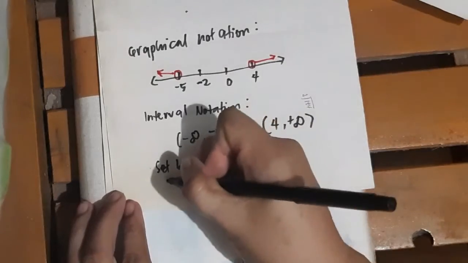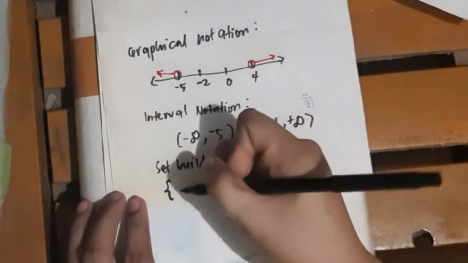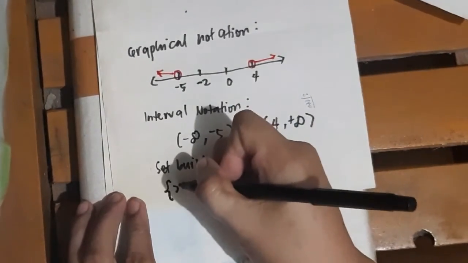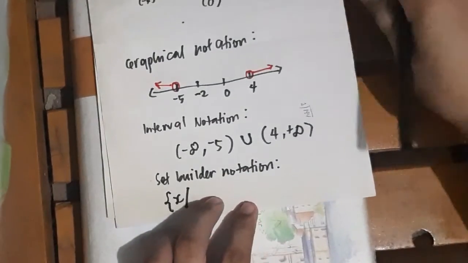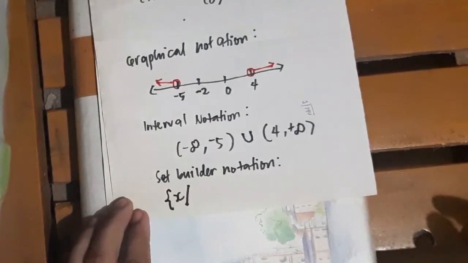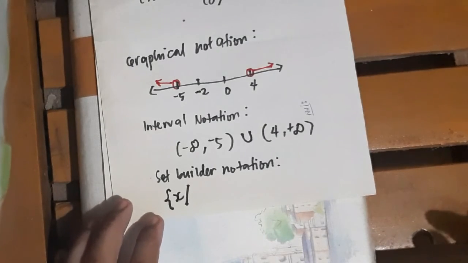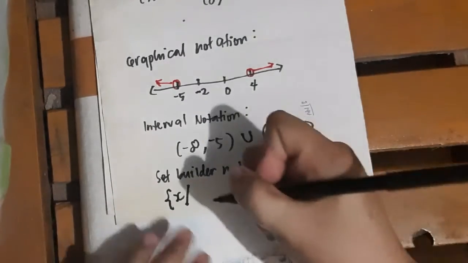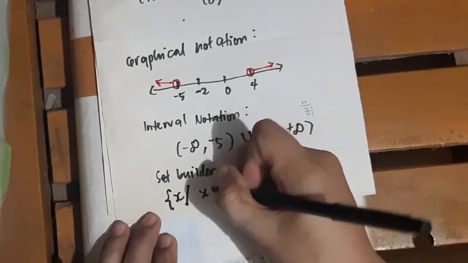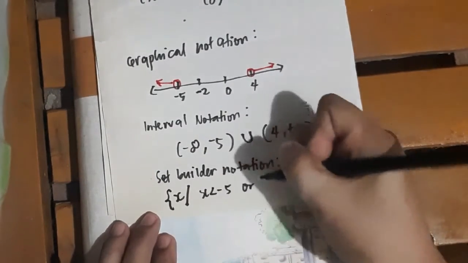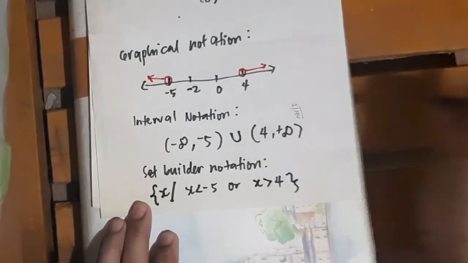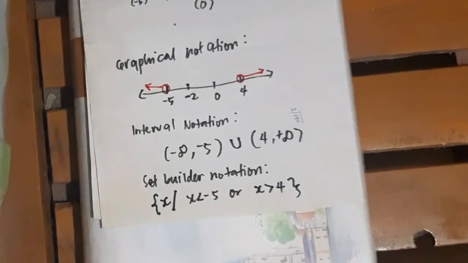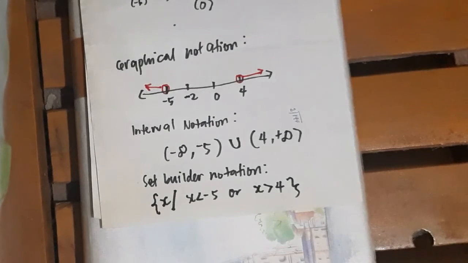Here, don't forget to write the variable x such that, and write the inequalities of the regions. So that will be x less than negative 5 or x greater than 4, and then close the curly brackets. So that's it.